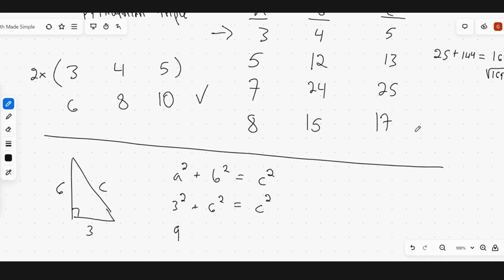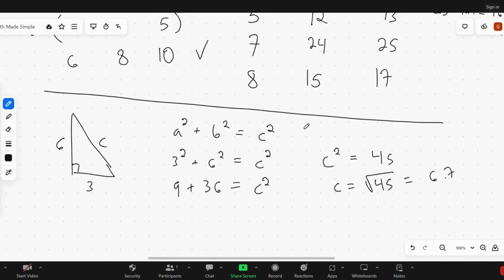In this case, we have 9 plus 36 equals c squared. So c squared equals 45. c equals the square root of 45, and that is not a whole number, but we can round that off to 6.7. So in this case, 3, 6, and 6.7.